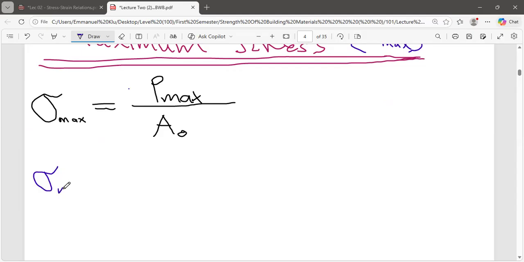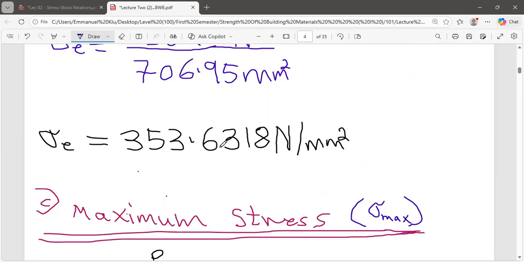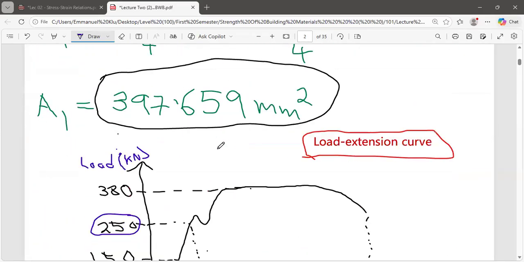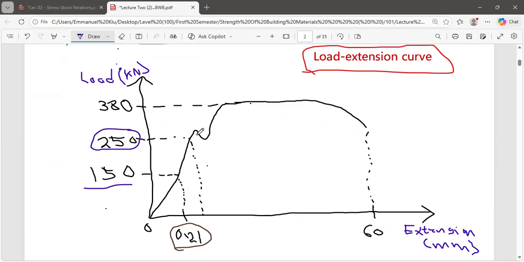is now going to be equal to, let's go back to our diagram. If these are maximum points, this 150 is in the straight line. So in this region, stress is directly proportional to strain.